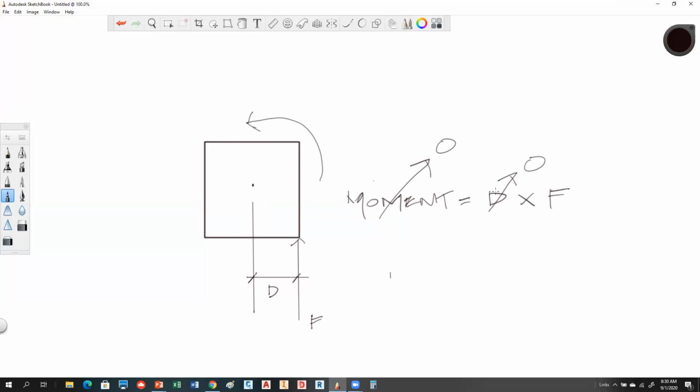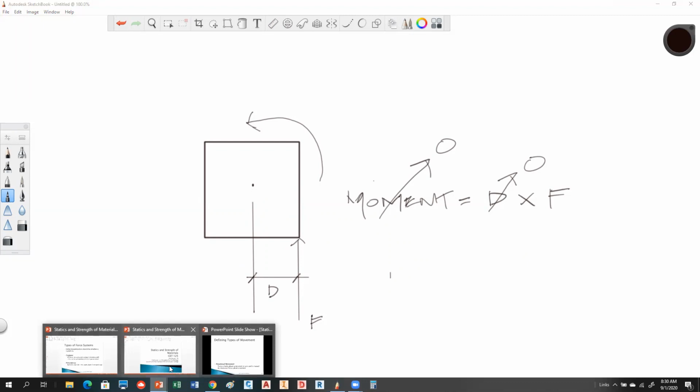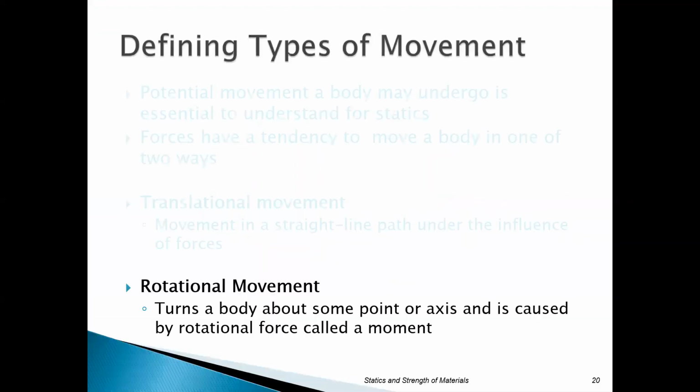Typical units are foot-pound, inch-pound, or kip-inch, those kinds of things. Keep that in mind, because this is the one place where units are kind of critical. We said last week that units aren't as involved, but they do get a little more involved when we get into this, okay? So let's go back here. Okay, so that's rotational.